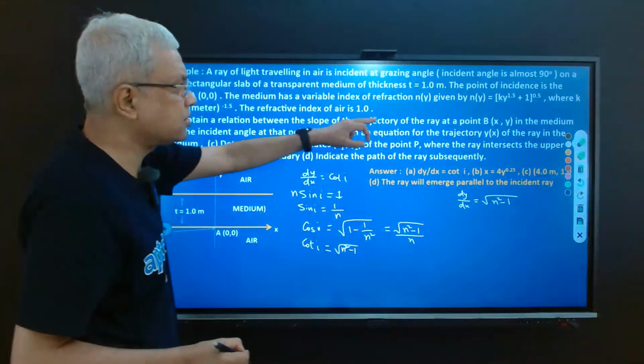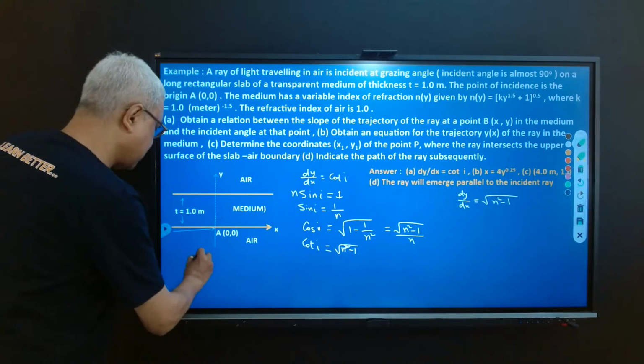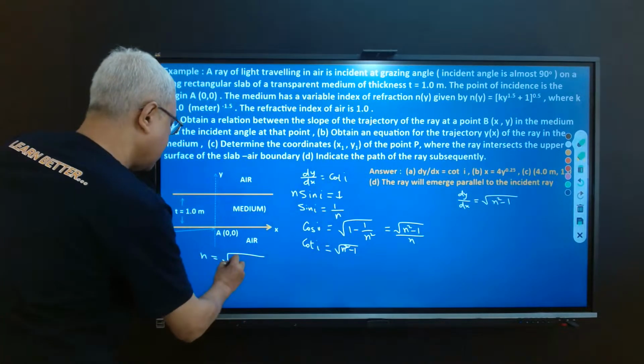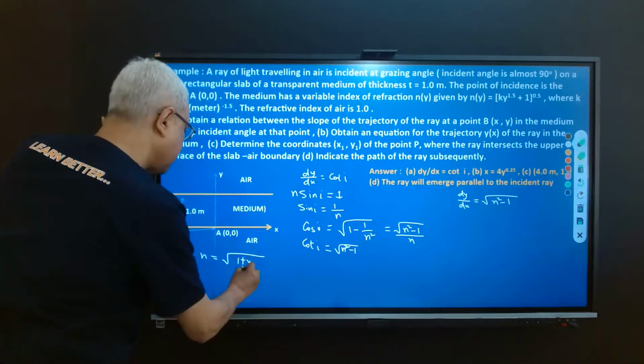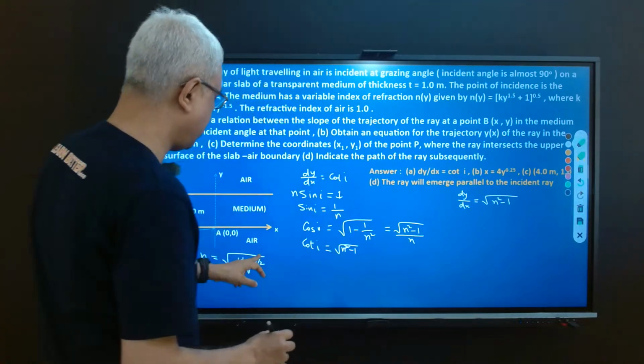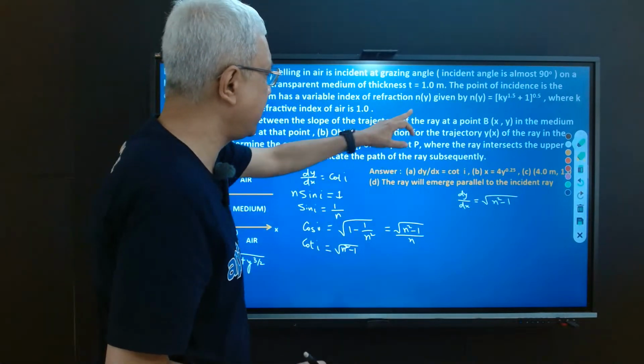But n is given as square root of 1 plus y to the power 3 by 2, because we have already seen with y to the power 3 by 2 that k's value is unity.